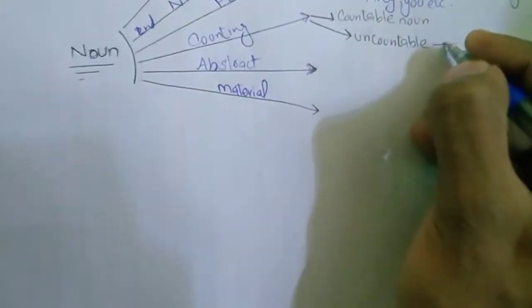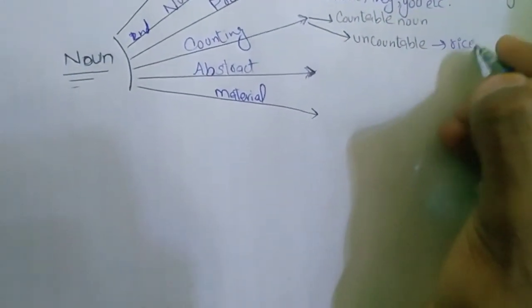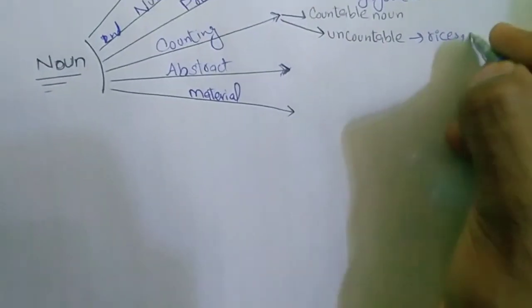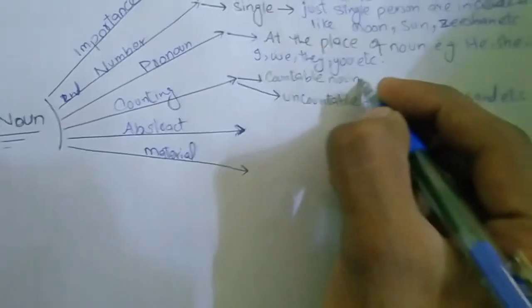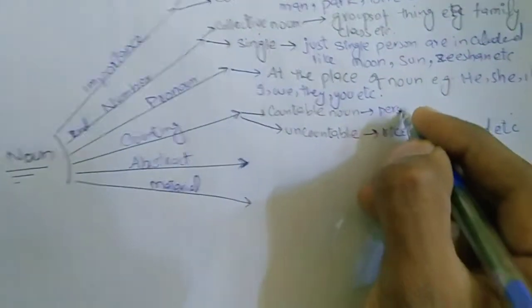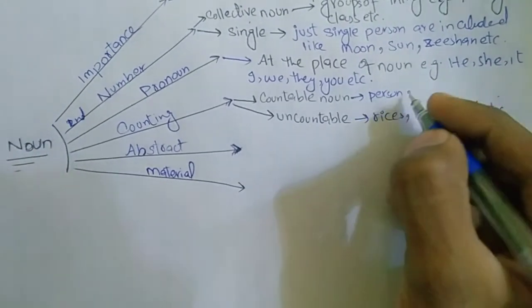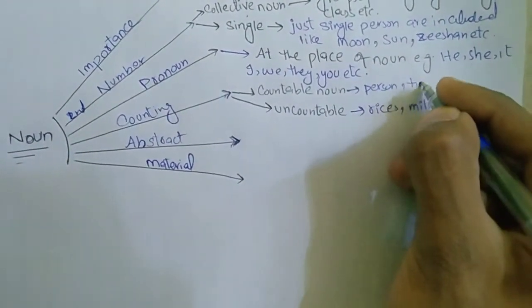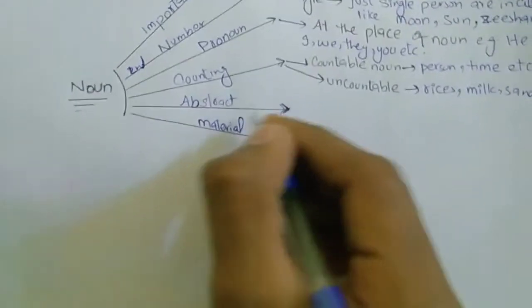In uncountable noun there are rice, milk, sand, etc. In countable noun, person, time, etc.